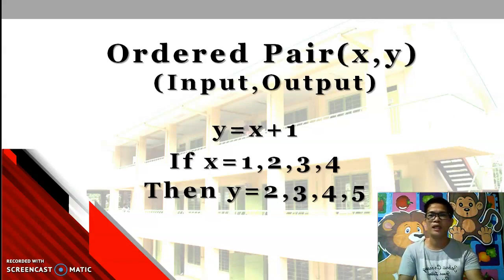So these are the basic information that we need to know before we discuss function and relation. Because function and relation, as I said earlier, are connected to the ordered pair. So we need to understand the x and the y, the x element and the y element.